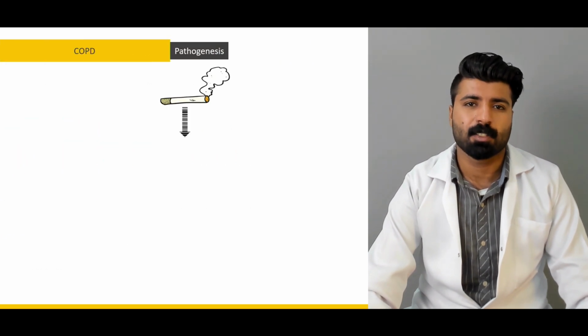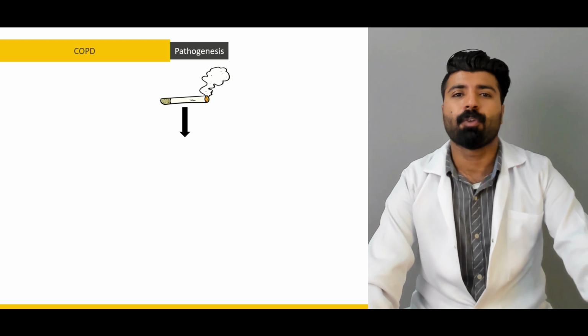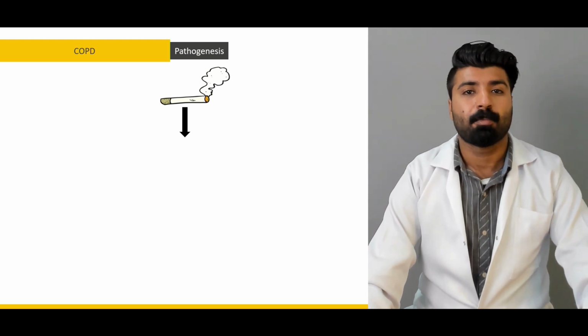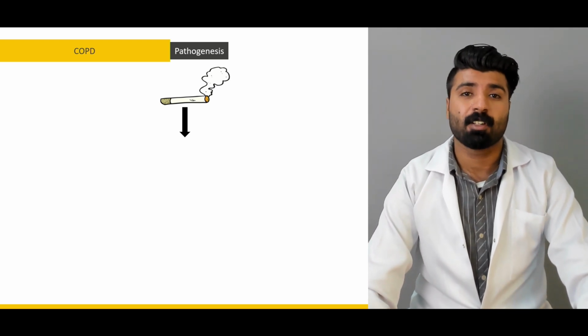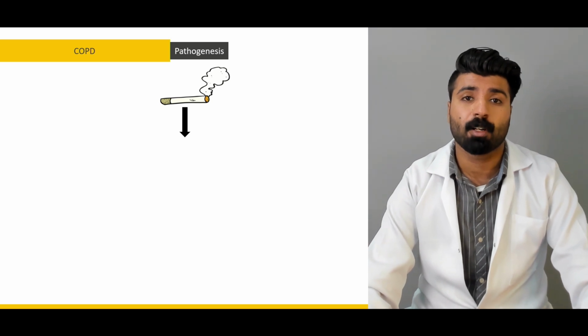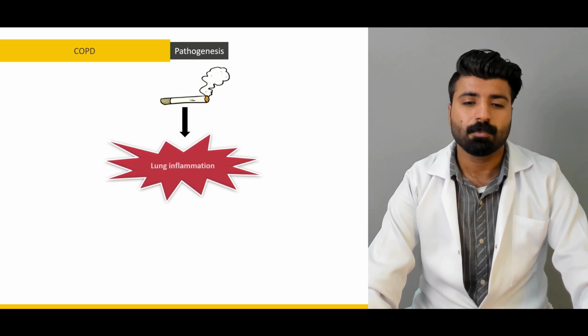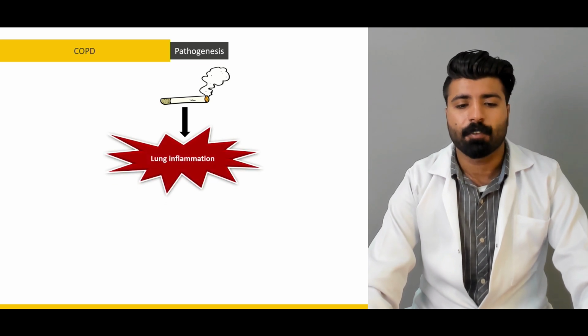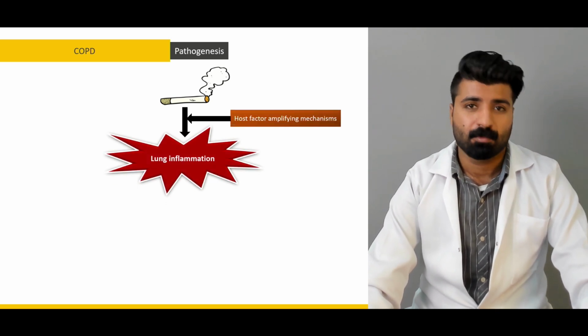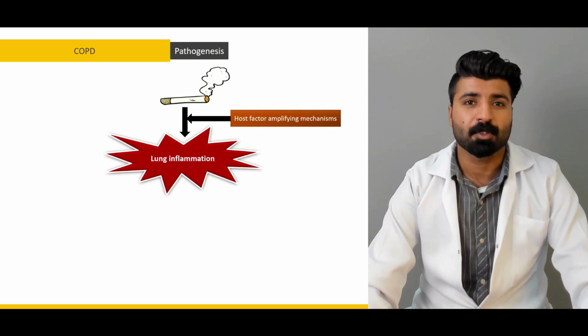So what's the pathogenesis? First of all, I already told you, whenever the word pathogenesis of a disease in a respiratory module will come, smoking will be the major cause of it. Smoking will be the major contributor and etiological factor in this scenario. First of all, it will lead to lung inflammation. Host factor implying mechanism you already know.